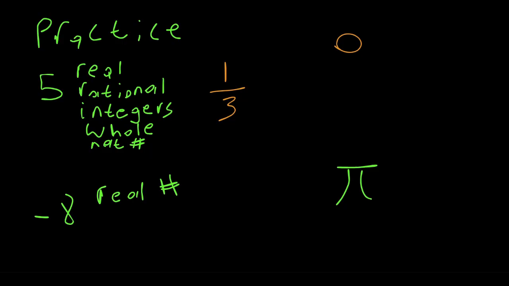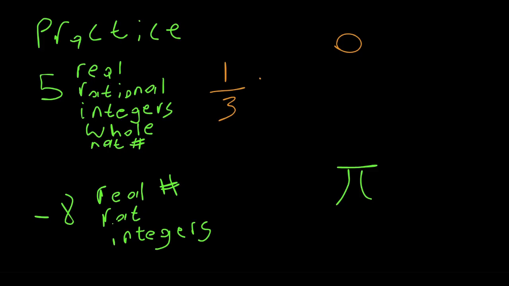It is a rational number. It is part of the integers. Yet it is not part of the whole numbers or natural numbers. Whole numbers move in the positive direction.